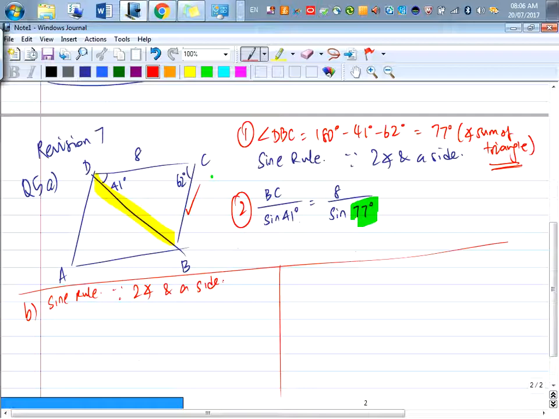Which are the two angles that you are using? Because you say two angles and a side, right? Right now I have three angles. So which two angles are you using? 77 and 62. Very good. So what is the equation you will form?